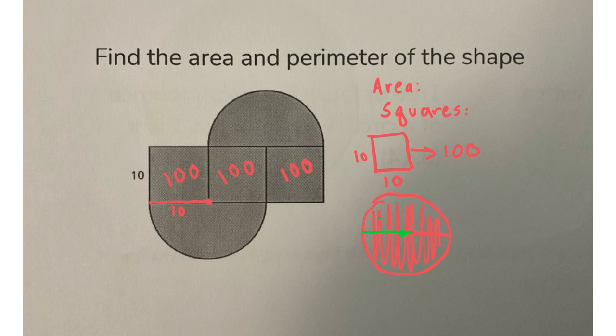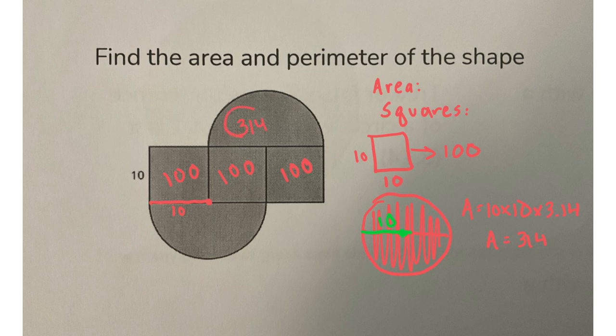So my area is found by first getting the radius, which is 10, and just going 10 times 10 times 3.14, which, if you multiply those out, the area of the circle is 314.